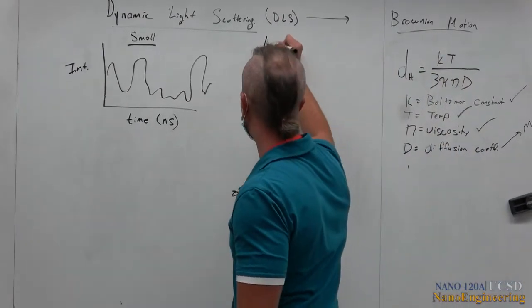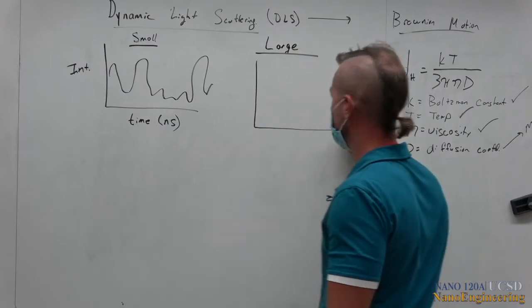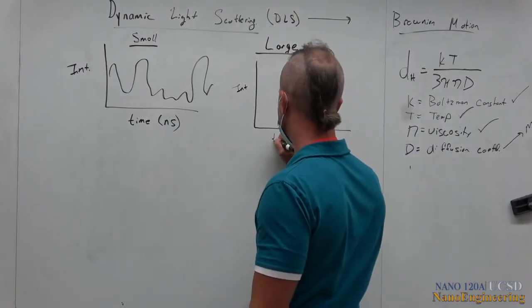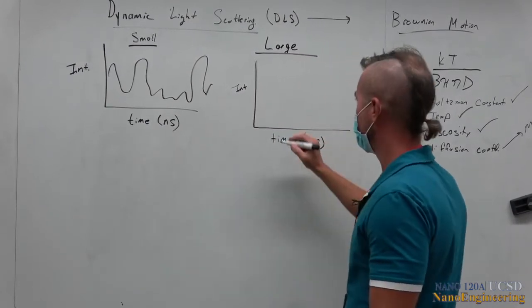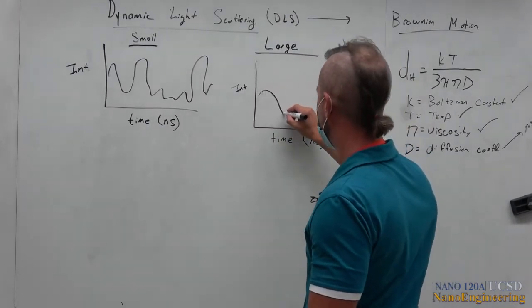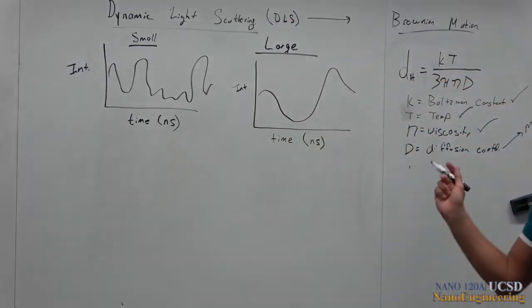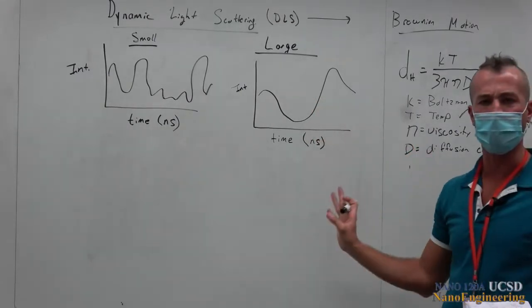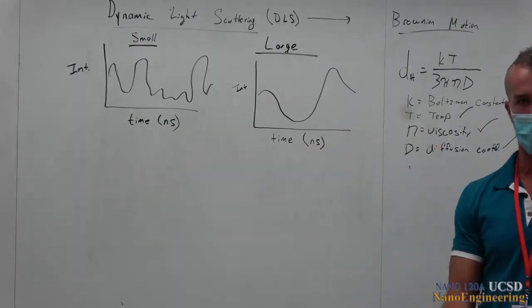And if we have a large particle, and look at intensity versus time, you're going to have less movement and slower movement, right?